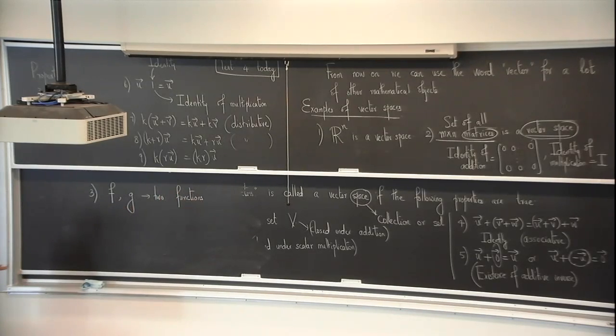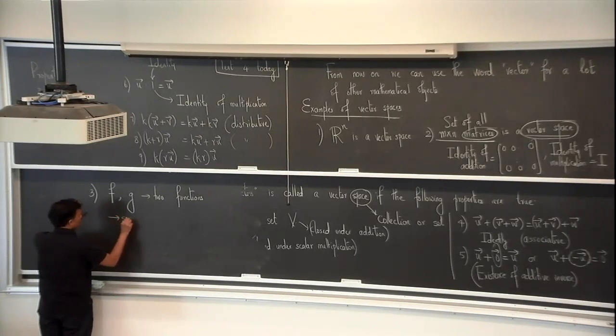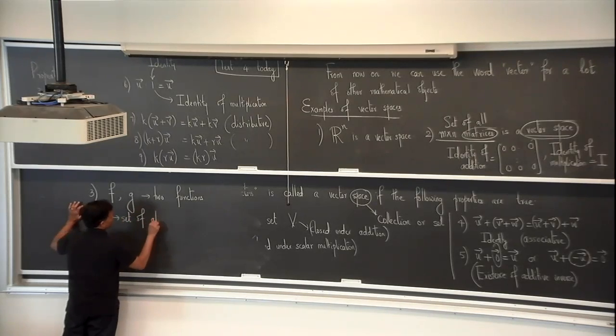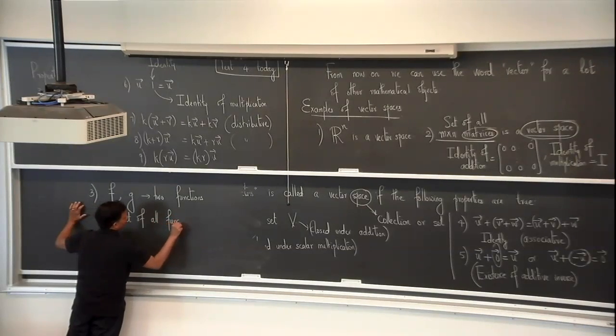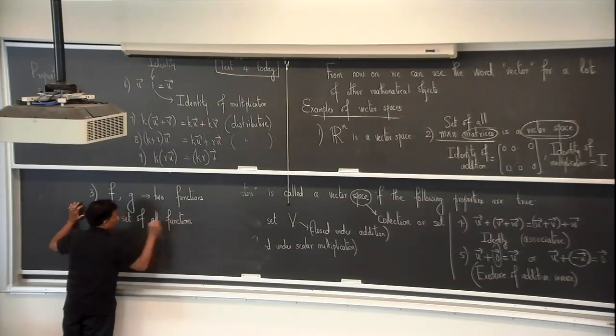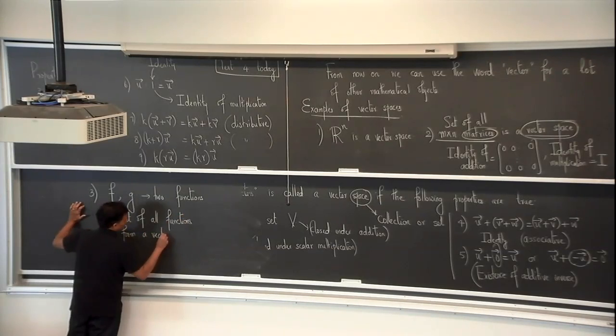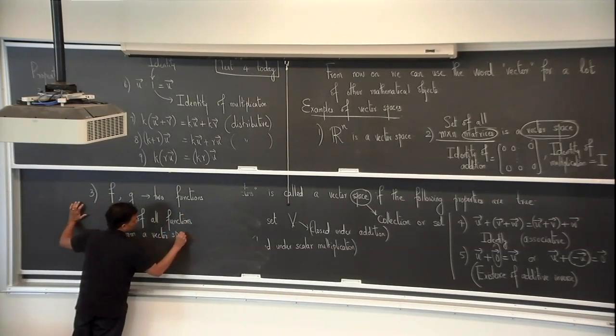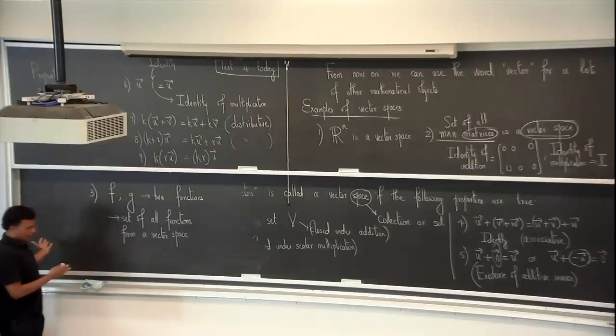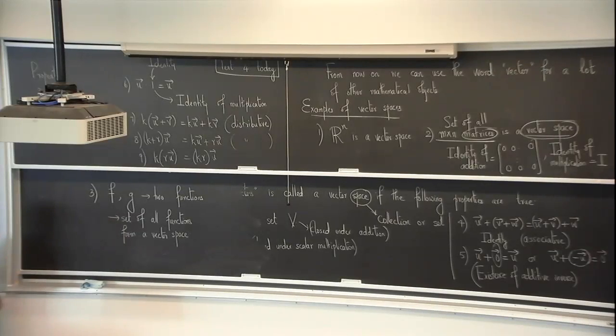Multiply it with a scalar, you get a scalar multiple of that function. Okay, it's commutative, associative, all those properties are true. So this also, the set of all functions form a vector space. So if you add two polynomials, you get another polynomial. Okay.